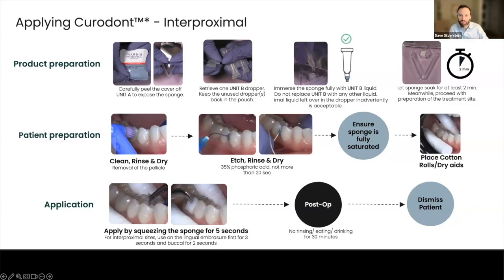You'll then pick up the sponge with the cotton tip applicators, make sure it's fully saturated. You isolate the teeth, which is not hard to do. And then you'll apply it by squeezing that sponge for 5 seconds on the areas, the lingual embrasure for the first 3 seconds, buccal for the last 2 seconds. It is literally that fast. Okay.